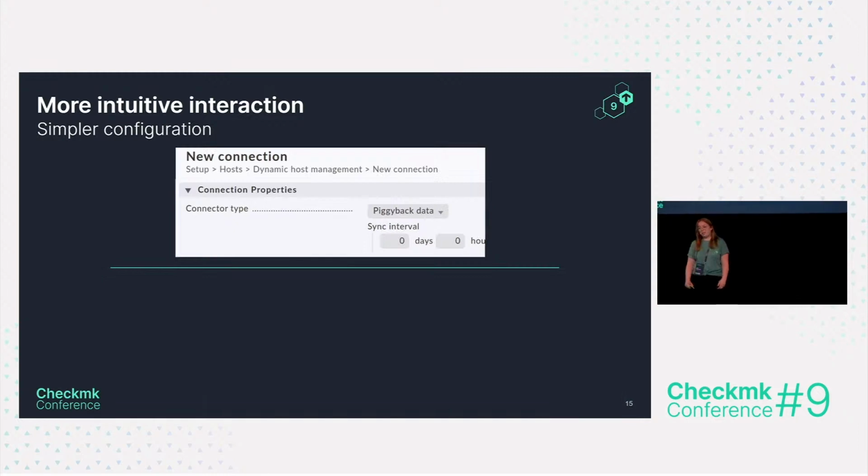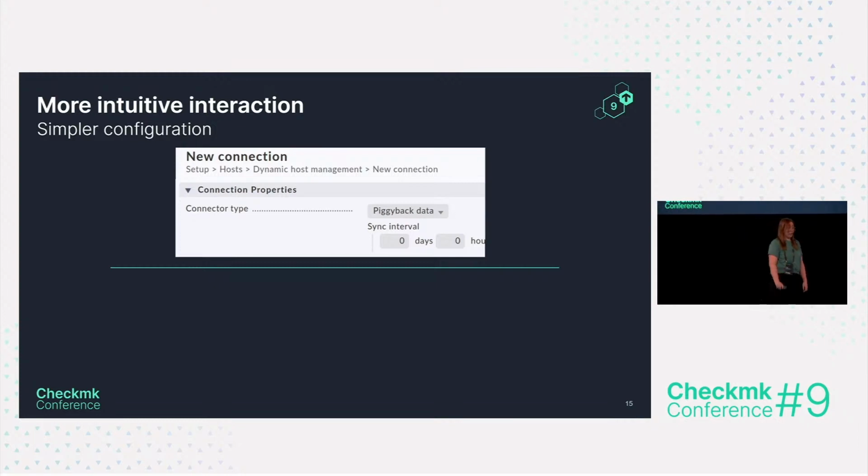Yeah, with the 2.0, we introduced the Show More option, so you are no longer overwhelmed with too many options. However, we have discovered that some of the settings that are currently hidden are more often in use than we expected. For example, when you're setting up a piggyback connection or DCD, one of the most important settings is the restrict source hosts.